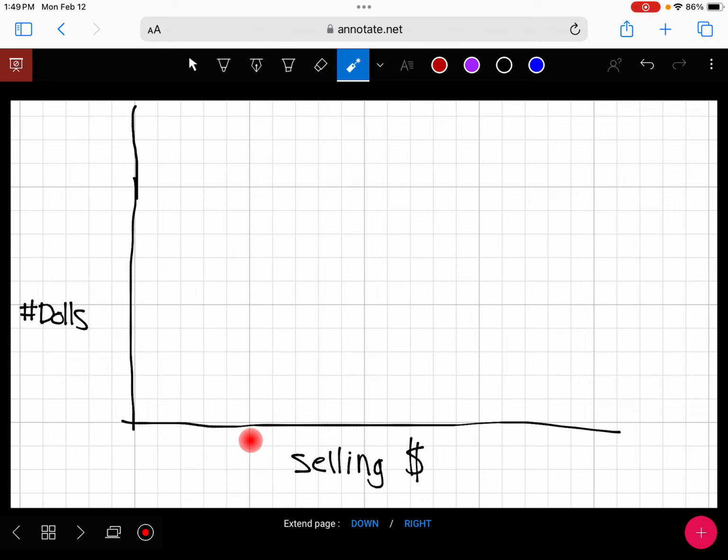Because we only have data up to the price of the dolls up until how much money? On our table, it only goes up to $4, right?